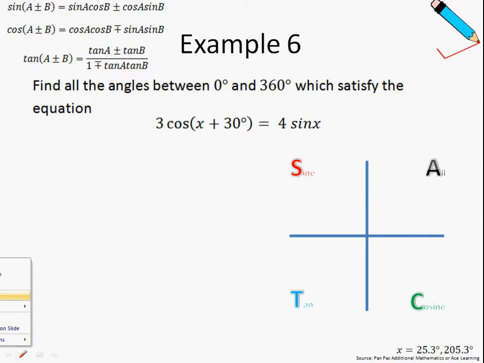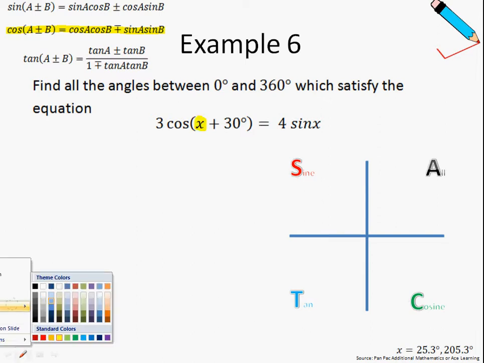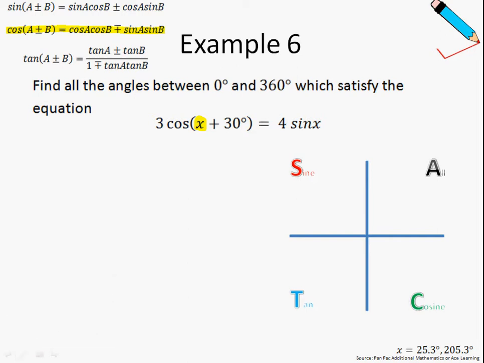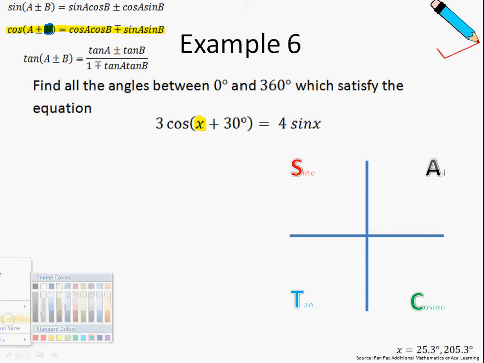So the first thing we're going to do for this example is to realize that I need to make use of the cosine addition formula. So in this case, can we identify our A to be x and our B to be 30 degrees? So B is 30 degrees. Sorry, let me just use another color.